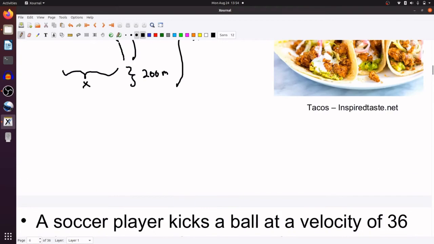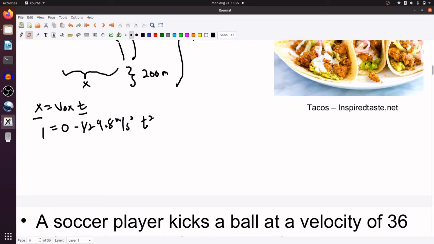I can't use x equals v naught x t because I don't know time and I don't know x. So I can use my y equation. We have y equals 0, because v naught y is 0, minus 1/2 of 9.8 meters a second squared, t squared.